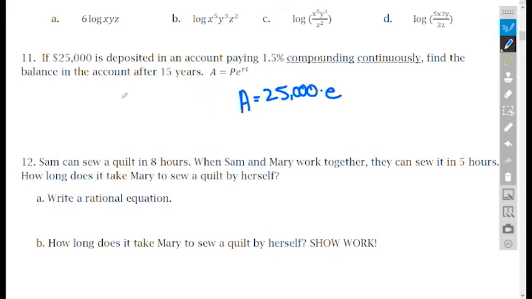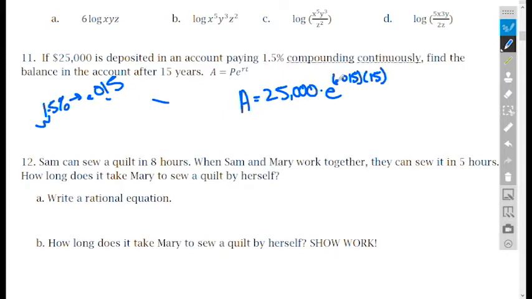Now don't put 1.5%. The rate needs to be changed to a decimal. So you need to move the decimal place over 2 spaces. So 0.015 would be the decimal representation of 1.5%. So this is 0.015 times t, which is 15.